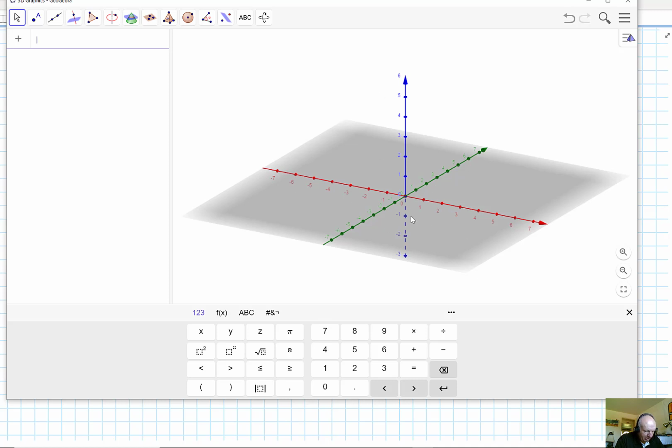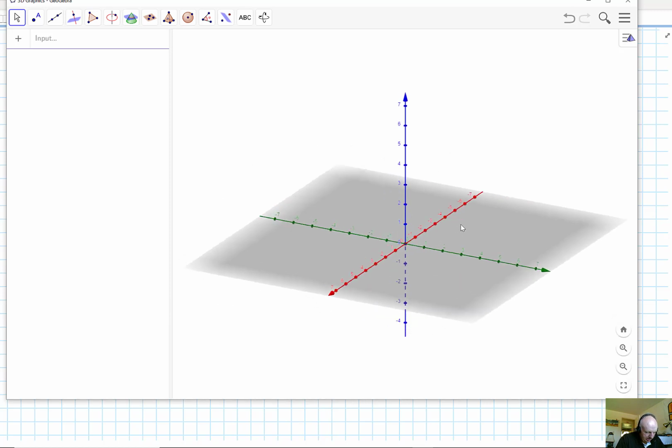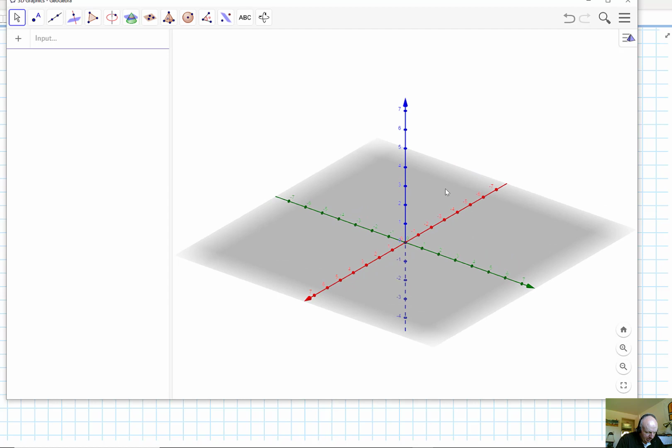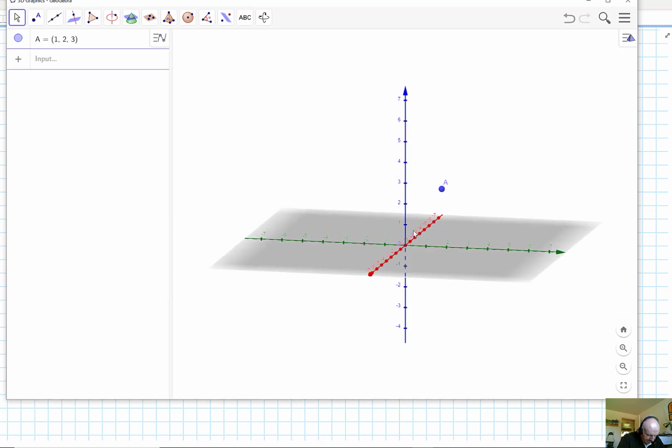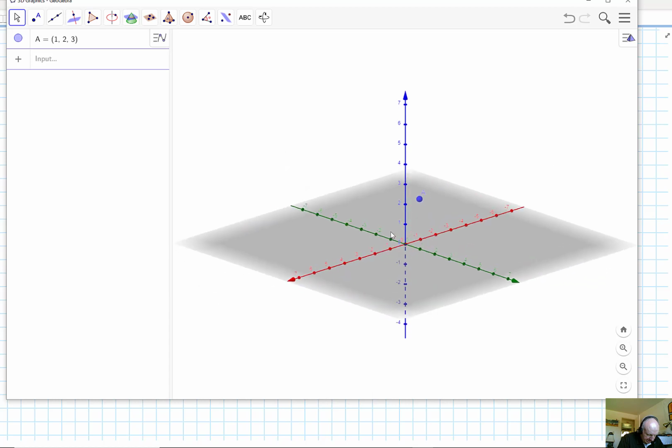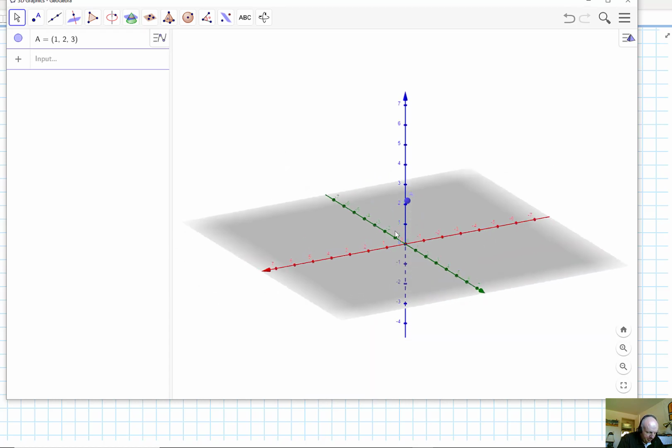They're not labeled, but the way you can remember it is red, green, blue: red is X, green is Y, and blue is Z. There's positive X, positive Y, and Z. The point 1, 2, 3, there it is, and we can move this around and you can see it. That's kind of nice. So we can plot points in three-dimensional space.